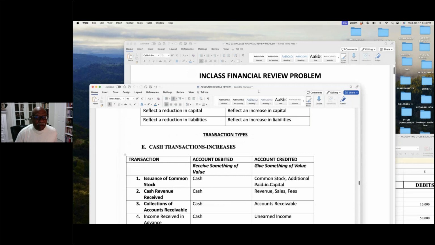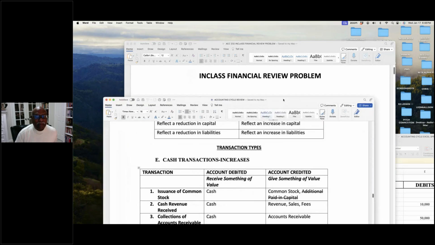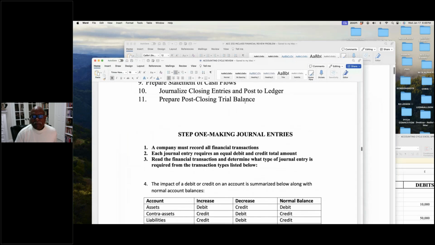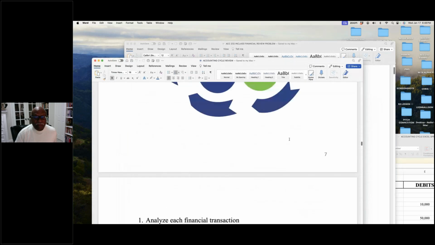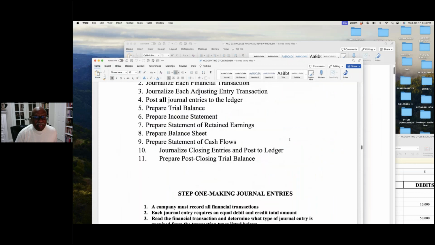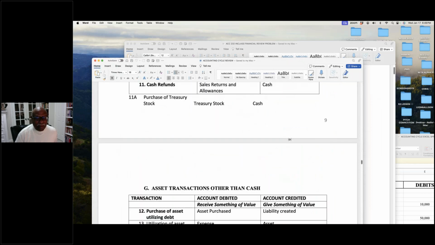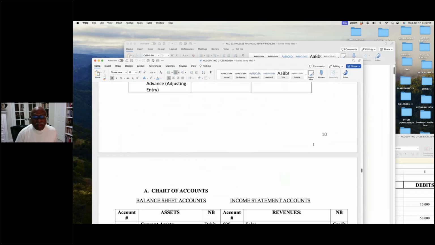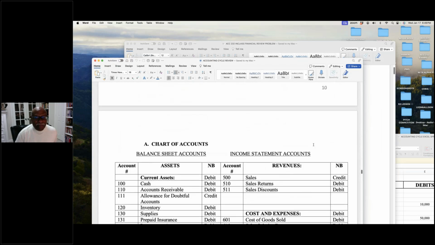The accounting cycle review. Okay, see that? You should have this document with this picture on it. Okay, I got it. Thank you. You're welcome. Unfortunately, you got the page numbers. So that's page 11.